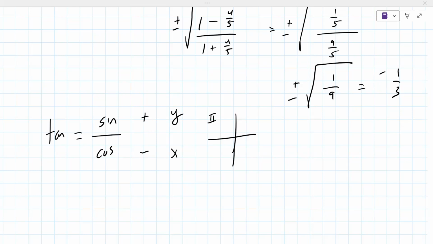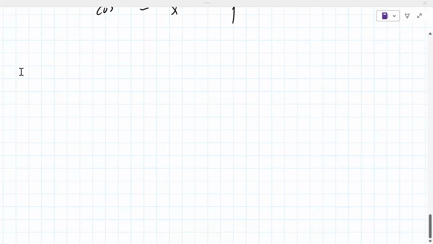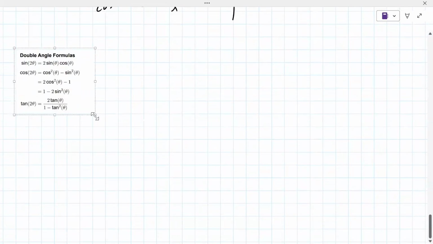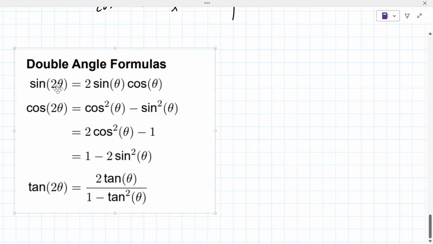Apologize, they're terrible. So here we go. Sine's the easiest one. Sine of 2x is 2 sine x cosine x. Cosine 2x comes in 3 flavors. Depending on the situation, you decide which one to use, but these are easier than the half angles for whatever reason.